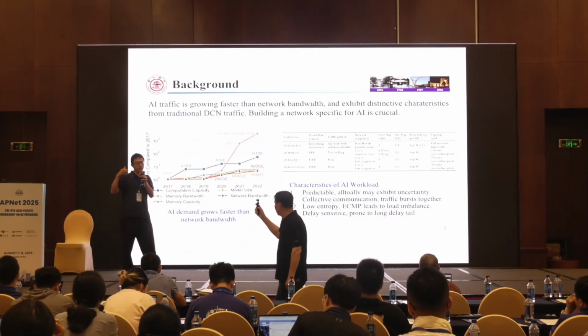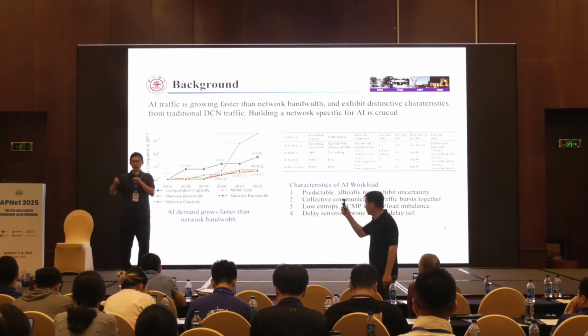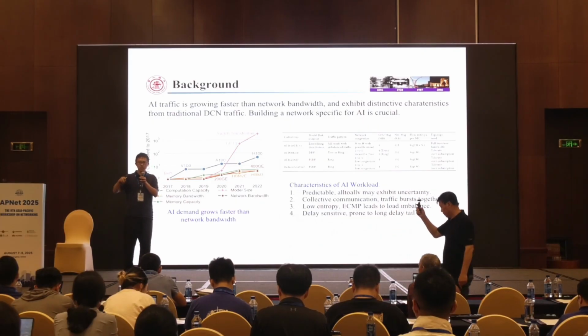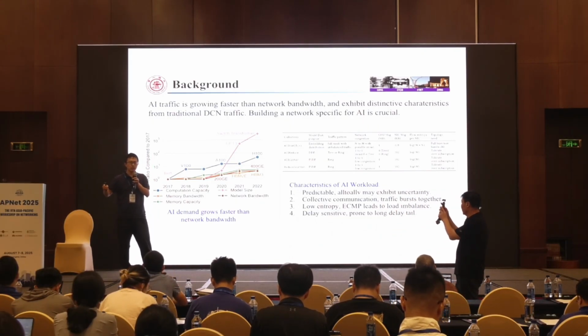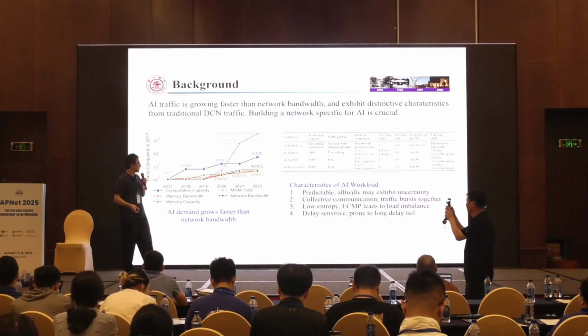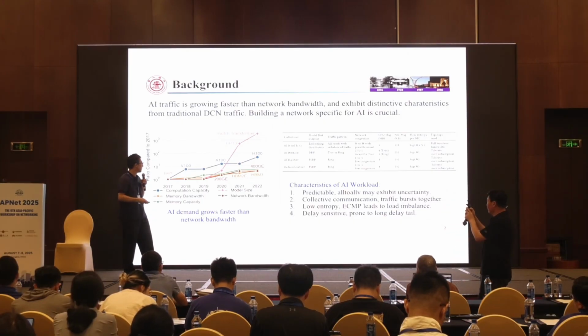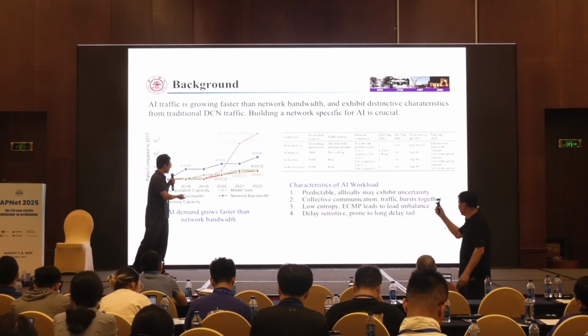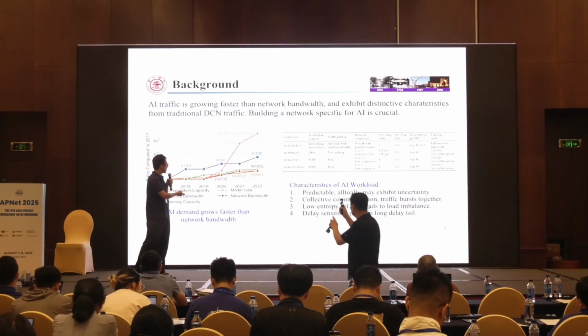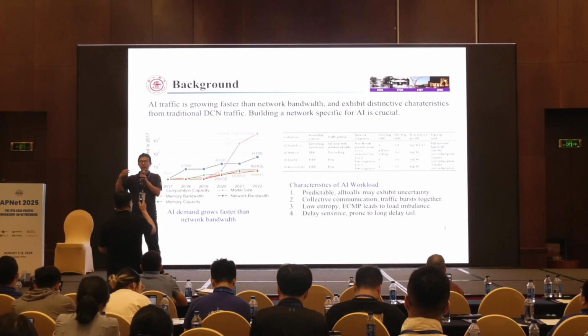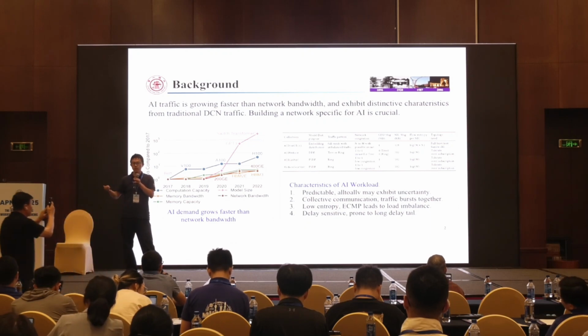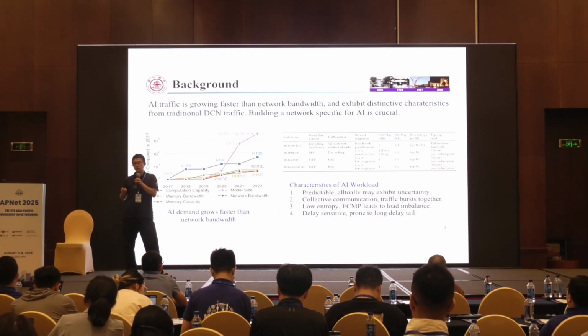And it is delay sensitive, because tail latency matters: we have to wait for the last flow to finish before we can do the computation. Another property is that AI workloads have low entropy, meaning that many flows are large flows, but the number of flows is small.